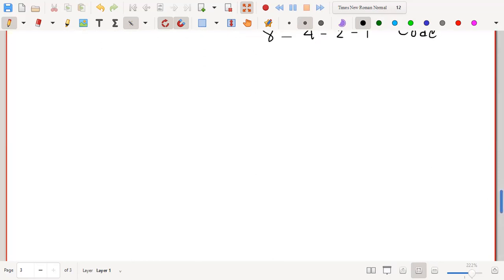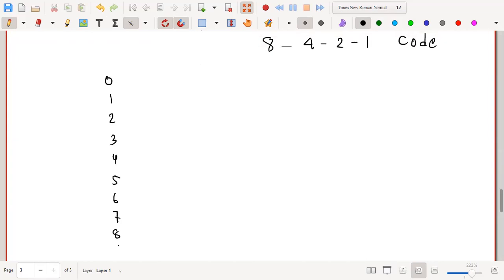Every decimal number, for example 0 1 2 3 4 5 6 7 8 and 9, is represented by a 4-bit binary number, and that 4-bit representation is known as binary coded decimal.